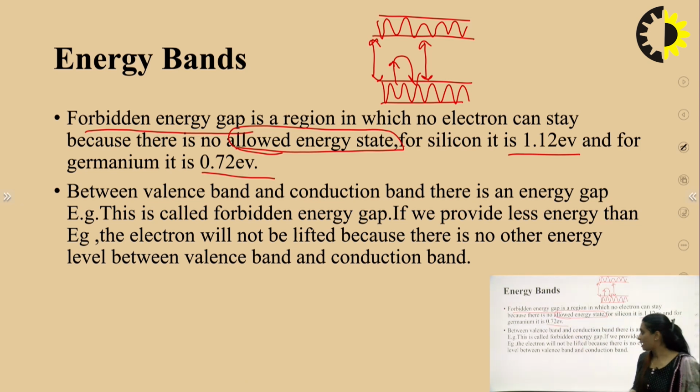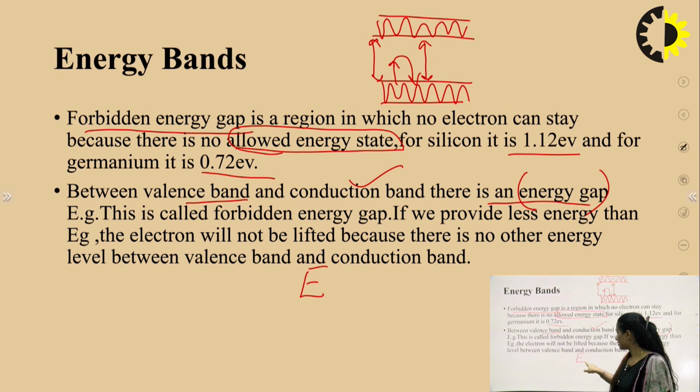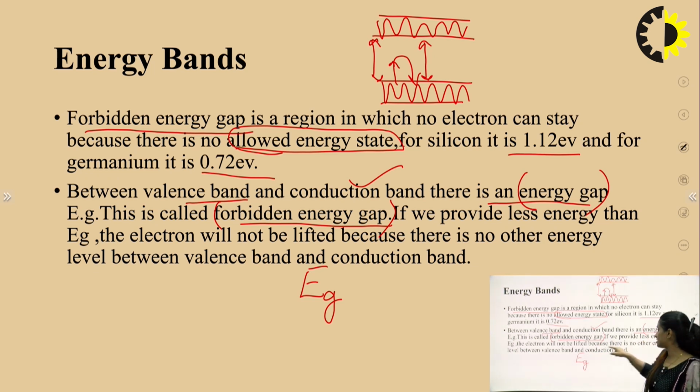So between the valence band and conduction band, there is an energy gap. So we may call it energy gap, written as E subscript G, which is also called the forbidden energy gap. So either we call it energy gap or forbidden energy gap.